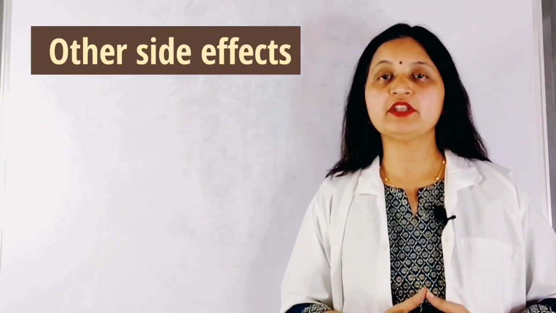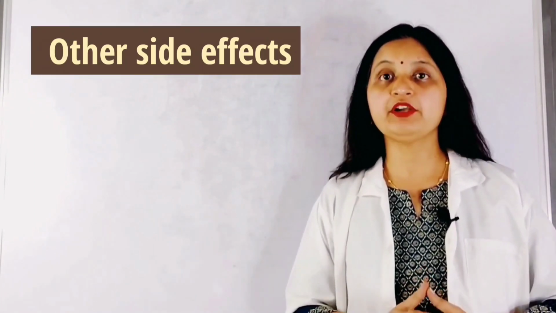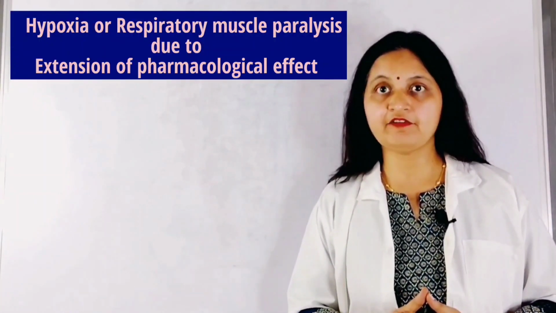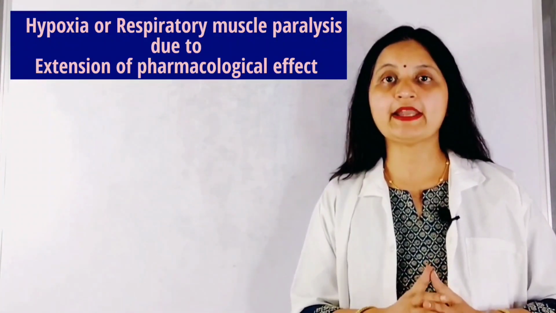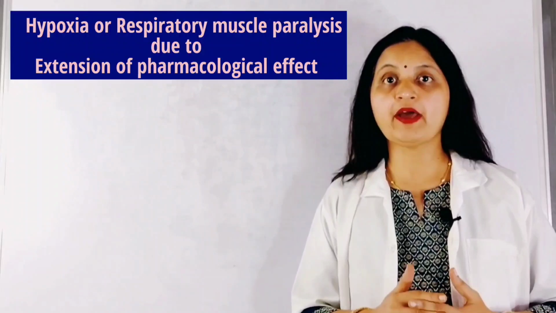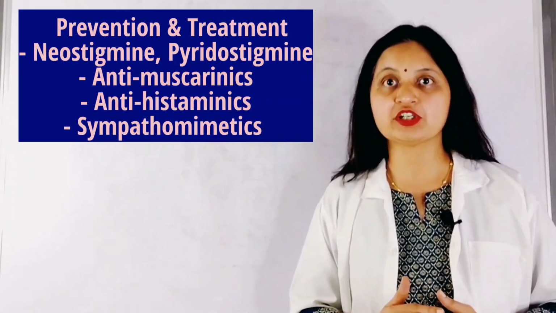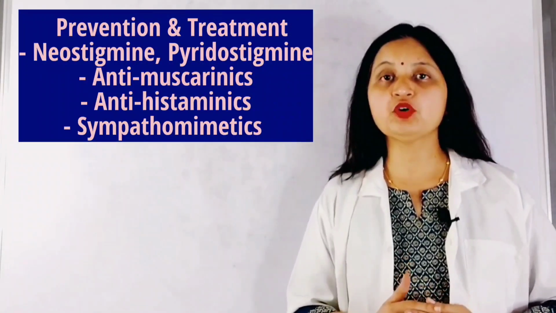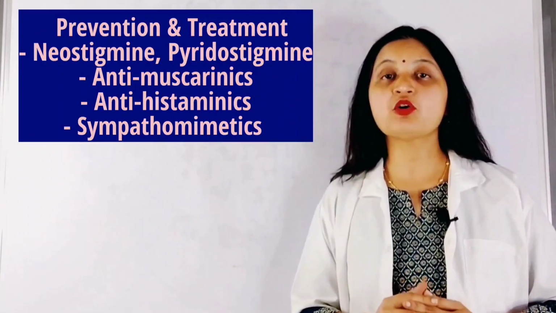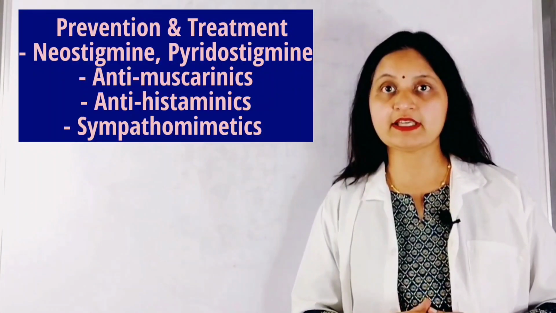So, going deeper into the effects of skeletal muscle paralysis, hypoxia or respiratory paralysis can occur as a side effect because of prolonged paralysis. In such circumstances, neostigmine or pyridostigmine can be used to reverse the neuromuscular blockade action. But the disadvantage of neostigmine is that it increases the concentration of acetylcholine by inhibiting cholinesterase enzyme.